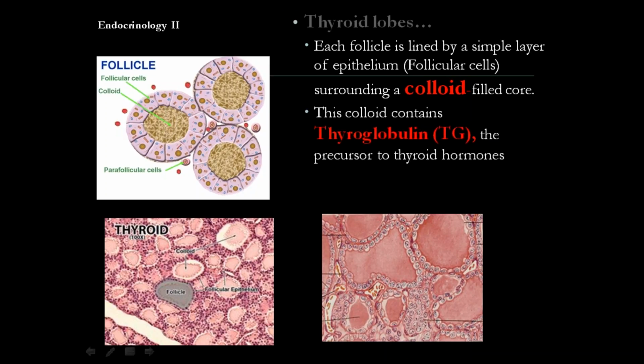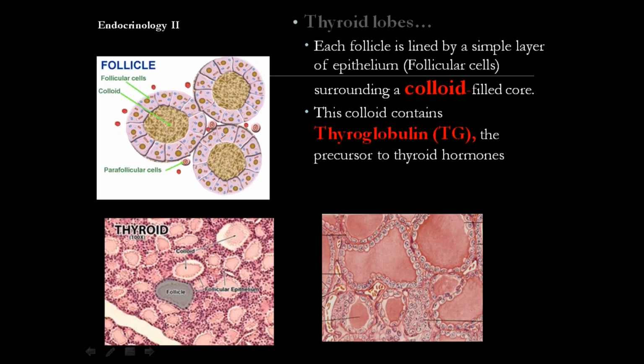Okay, so here we can see that one of the first things that we need to remember is the thyroglobulin, because globulin is a protein. This thyroglobulin is a protein produced by the follicular cells, and they are going to form inside the cytoplasm of the follicular cells, and then through exocytosis, they're going to drain into the colloid.